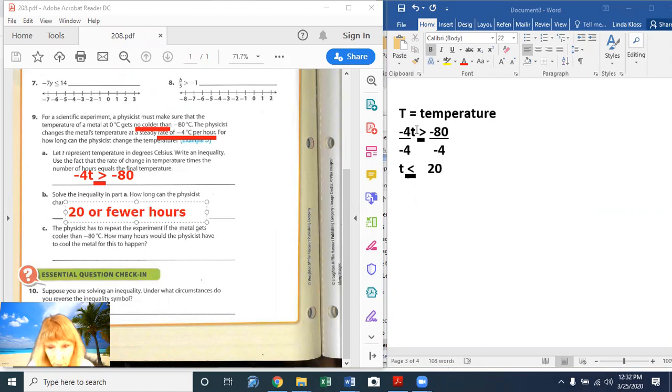So T really isn't representing time, even though, what is it telling us that? So T is not representing temperature. Oops. T is representing time. I'm going to go back and fix that. T-I-M-E, not temperature, time. So the time he can reduce the temperature is 20 or fewer hours.